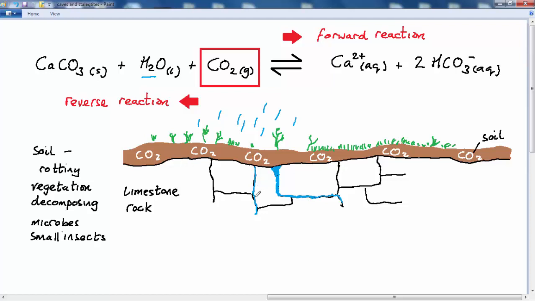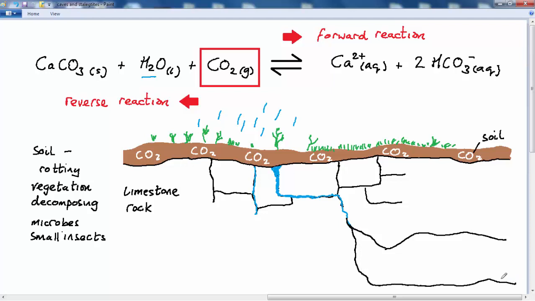And all of these little trickles of water seeping through these cracks and fissures are going to open them up, the channels of water are going to get larger and larger every time it rains, and you're going to get physical erosion taking place eventually. These fissures are going to get widened and opened up, and eventually, somewhere down here, millions of years later, as a result of both chemical and physical erosion, you're going to get some sort of cave system forming.